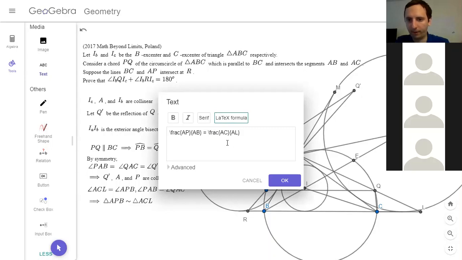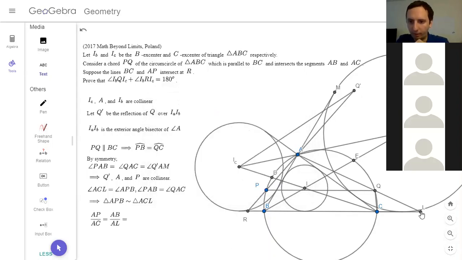Let me rewrite it, because then we could use the parallelism. I wanted to use the parallel lines. Is that right?